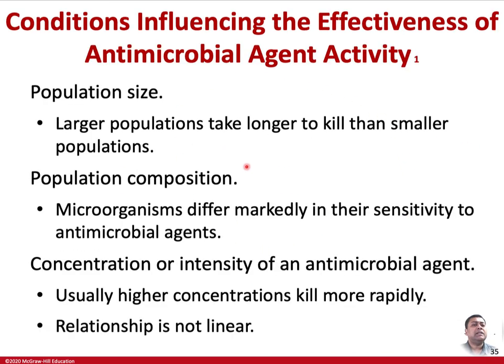So what are the conditions that influence the effectiveness of antimicrobial activity? The first important thing is the population size of the microorganism. The larger the population, the longer it takes to kill than a smaller population. The next important thing is the population composition, where microorganisms differ markedly in their sensitivity to antimicrobial agents, and also the concentration or intensity of an antimicrobial agent. Usually a higher concentration kills more rapidly, but the relationship is not linear.